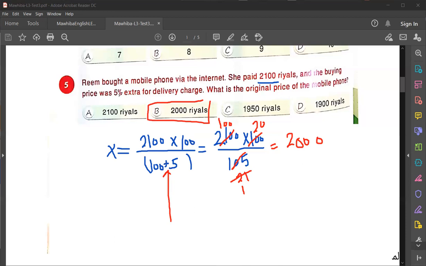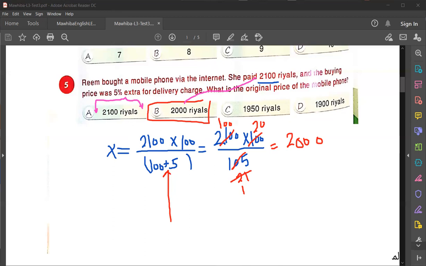When you have a discount or loss or anything, you write minus. We also have another way to find the answer. What is it? You take 5% from each answer, then add it to the original answer, and you should get 2,100.